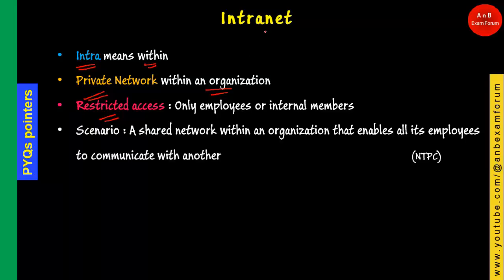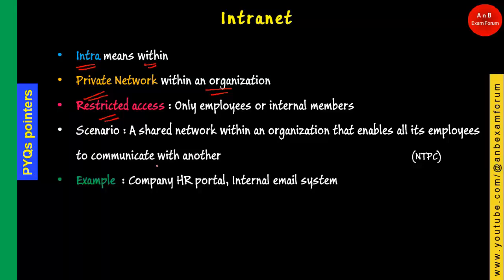Scenario I will tell you. Let's say a shared network within an organization that enables all its employees to communicate with each other. So I have one network in my office and all the employees are communicating over that network. It becomes an intranet, not internet. Within organization means intranet.